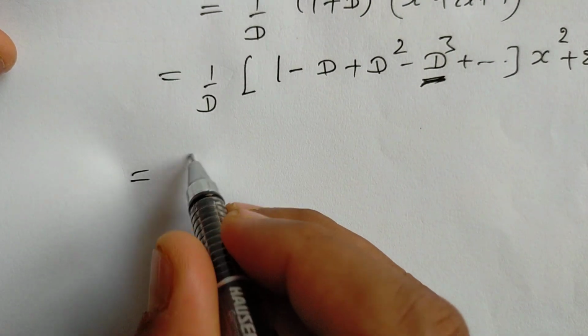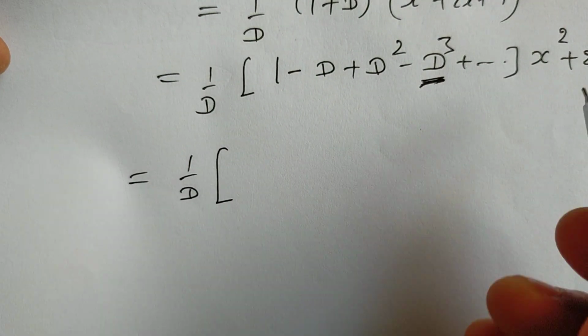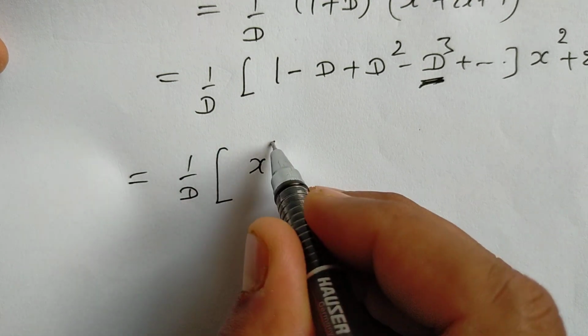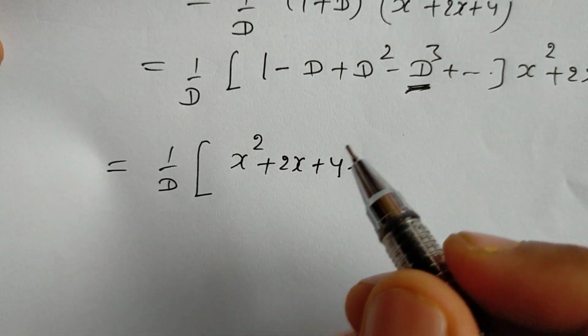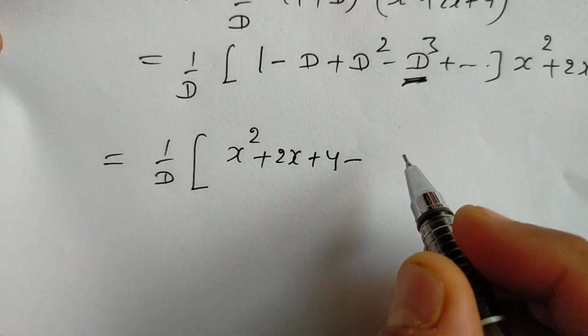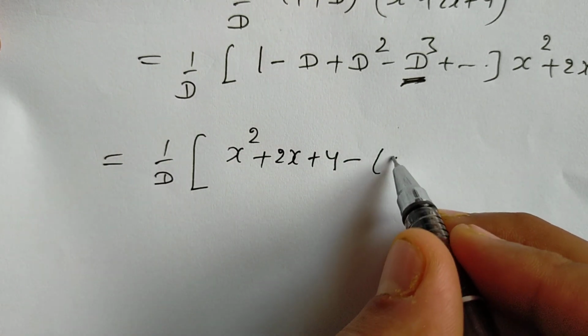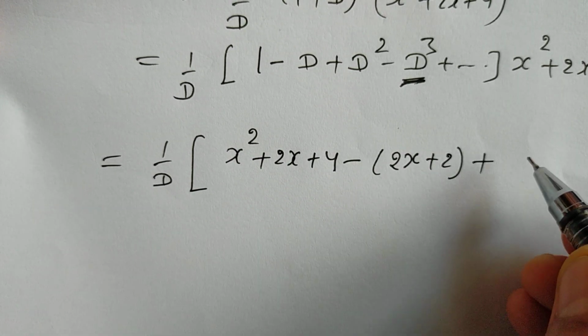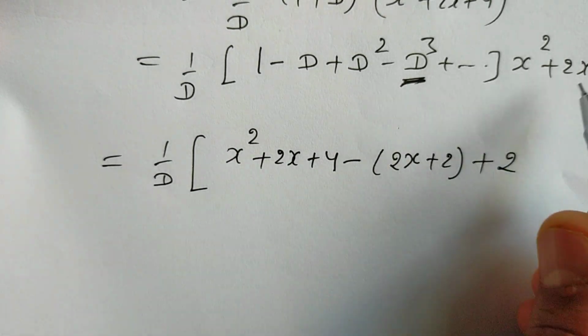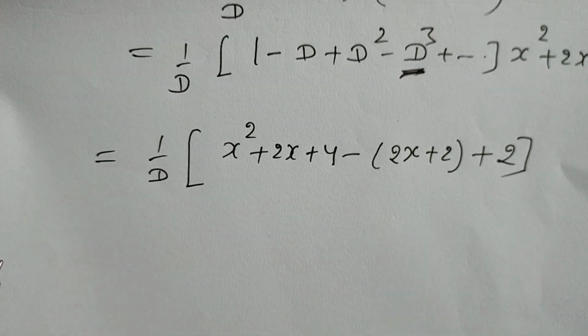Now we multiply term by term. The first term will be as it is, x square plus 2x plus 4. The second term is the differentiation of this, so this will be 2x plus 2, the third term will be only 2, and the fourth term will be 0, differentiation only.